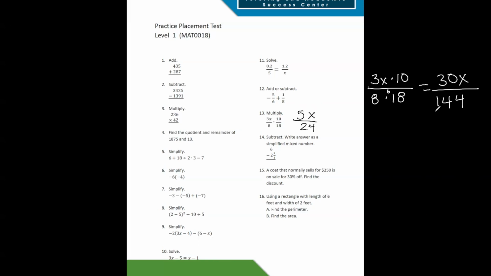When it comes to trying to figure out how to reduce your fraction, yes, it is really helpful to find the biggest number they both divide by, because then you'll get to your answer faster. But if you're stuck, start with any number you can think of. When I do 30x over 144 and divide them both by 2, that's going to give me an answer of 15x on top and 72 on the bottom.